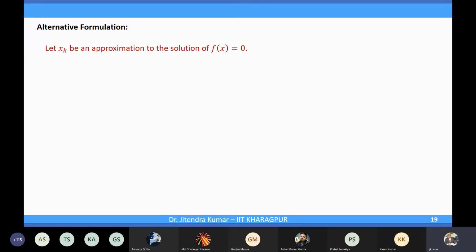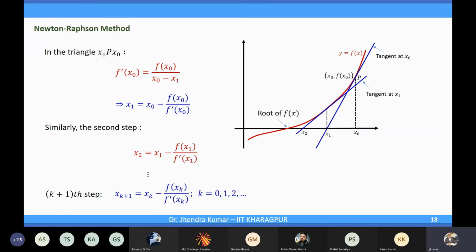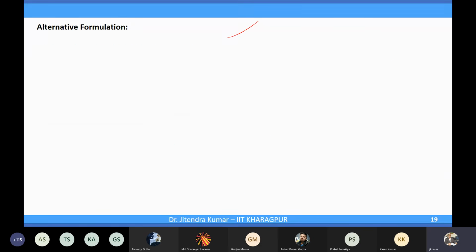So this is just the alternative formulation, and obviously this was the geometrical way of deriving this iteration scheme.